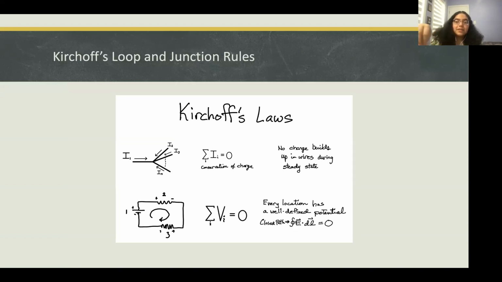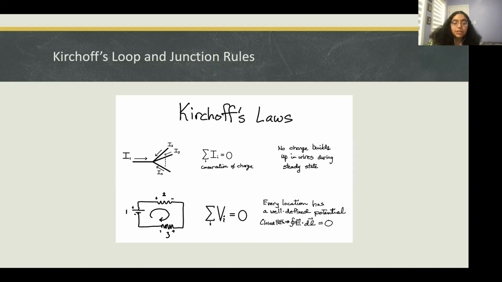Then you'd use IR to find the voltage drop in resistor 2 and then resistor 3. So you might have V of the battery minus IR for resistor 2 minus IR for resistor 3. The whole thing's going to go to 0. So in every closed loop, whatever voltage you're adding is also dissipated or lost over the loop.